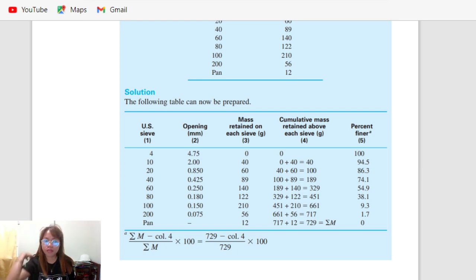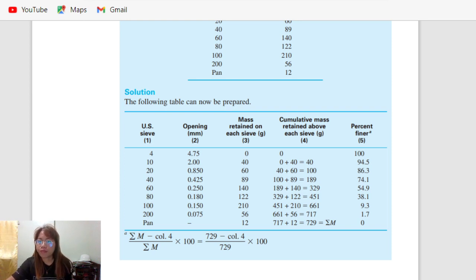I don't know if we handled everything, but yes, the pan is the last portion of the sieve that receives the smallest grain size or soil size.